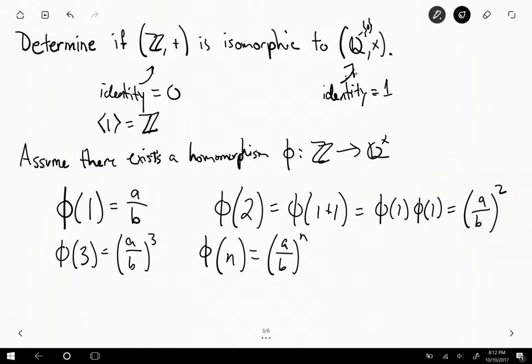Well, if we have this piece, what does that mean we have to do? Notice that if we have phi of n equals a over b to the n, and we're in the rational numbers, let's say we want a number, so let's put it this way.